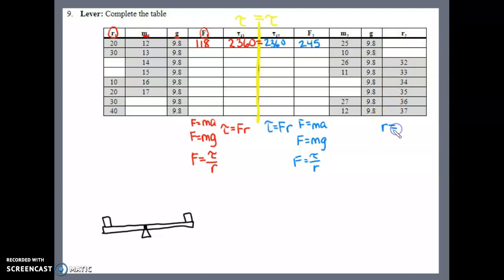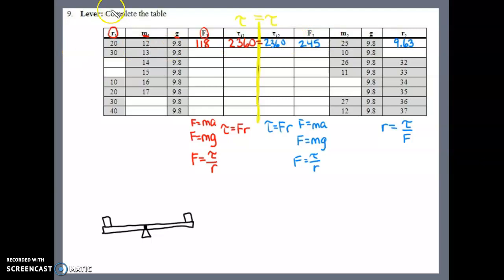R is going to equal, well, I can use this torque. R is equal to torque divided by force. So my torque, 2360, divided by my force, 245. I end up with a radius here of 9.63.